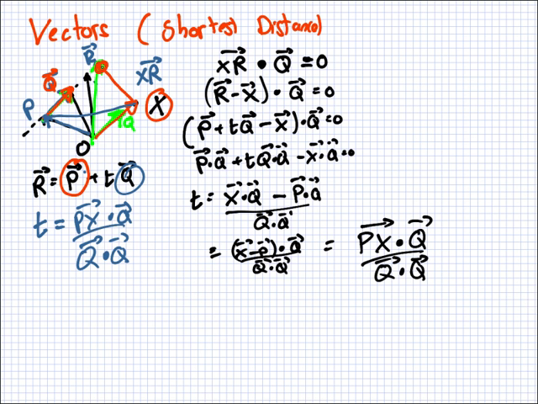Why do you want this point? Because here and here is the shortest distance. So this is the formula to get the t.